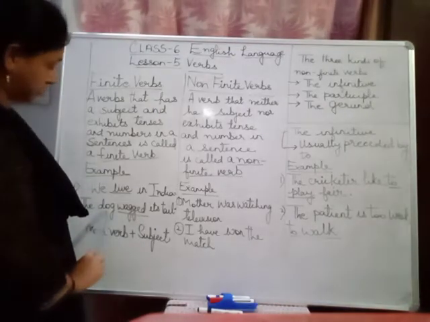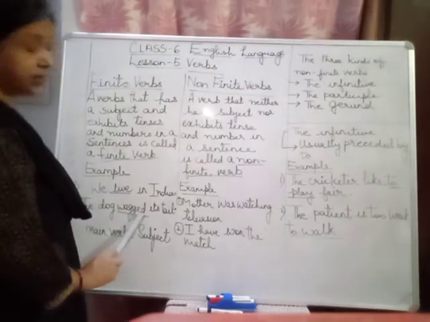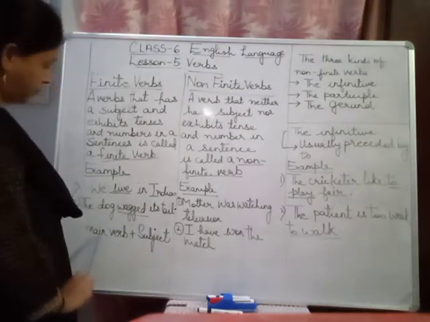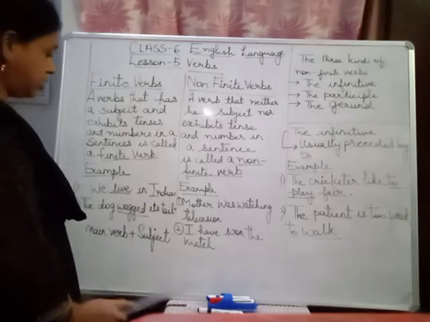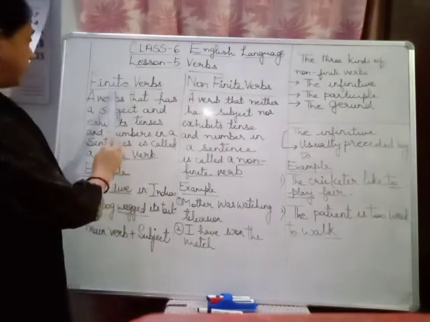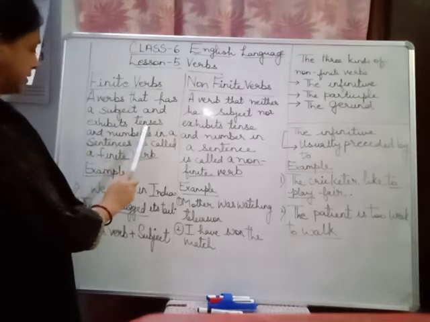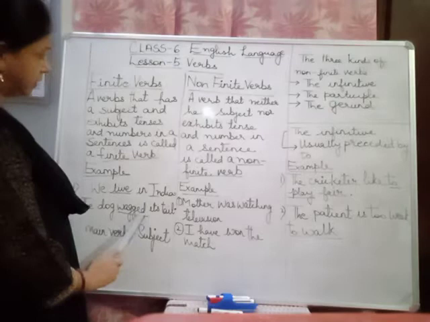Now again, the dog wagged its tail. Over here we are going to see the tense. So the main verb is there and the subject is there. So children, a finite verb has a subject and exhibits tense. We see the tense ending with ed.